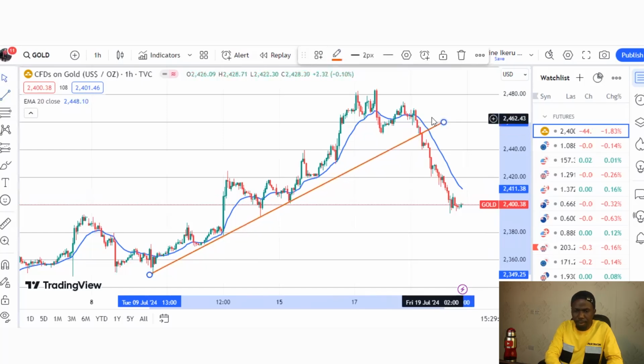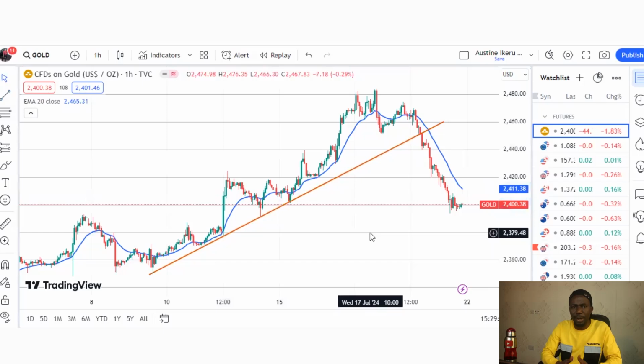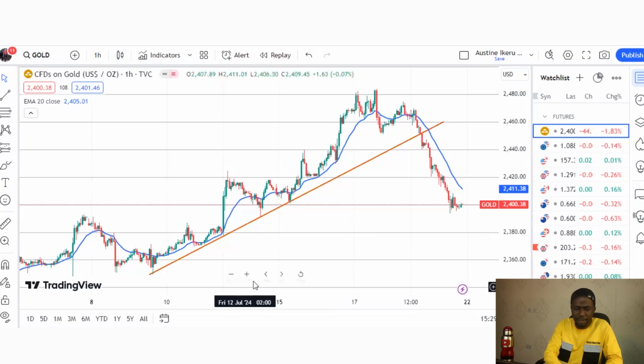So in this scenario now, the trend line becomes our last point. If the price breaks below the trend line, we cannot confirm that the trend has changed from an uptrend to a downtrend, because here the price was not respecting the moving average, because the price is crossing below the moving average, right? So that is why we include the trend line.